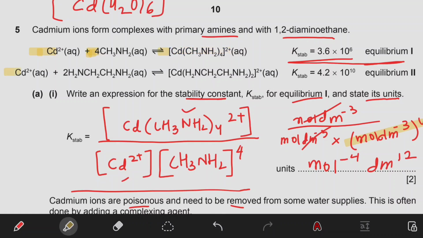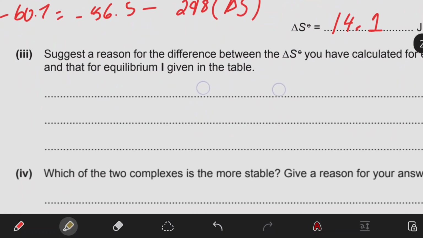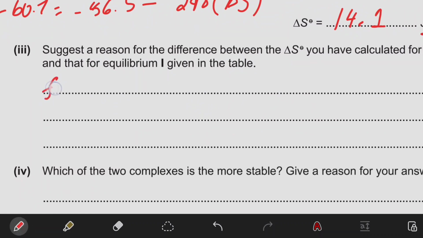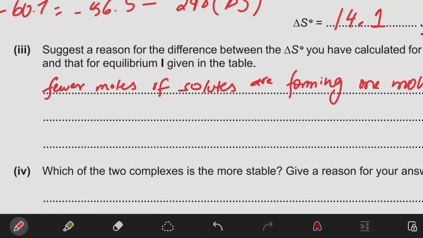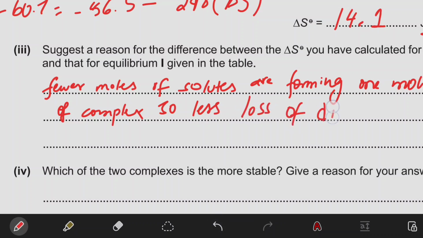But in the second equation, you can see 3 moles of solutes being used to make 1 mole of the complex. So for equilibrium 2, fewer moles of solutes are forming 1 mole of the complex, so there is less decrease in disorder, or less loss of disorder.